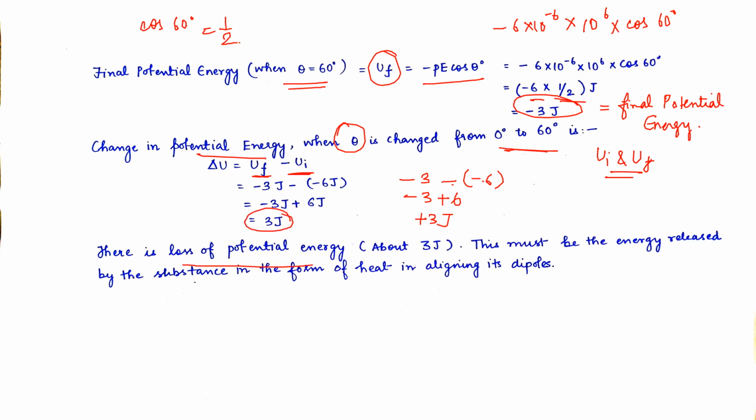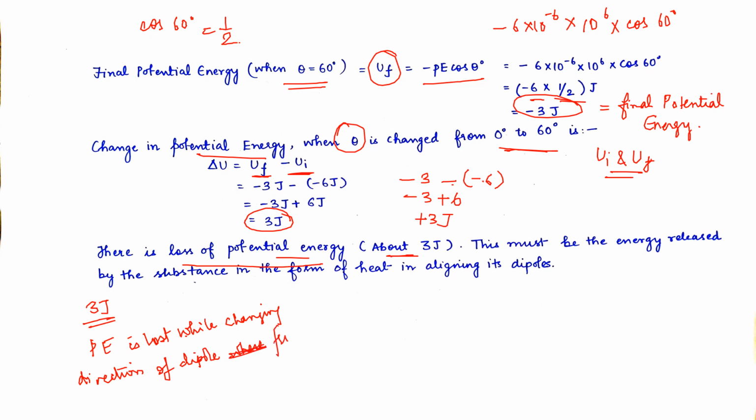There is a loss of potential energy of about 3 joules while changing the direction of the dipole from 0 degrees to 60 degrees.